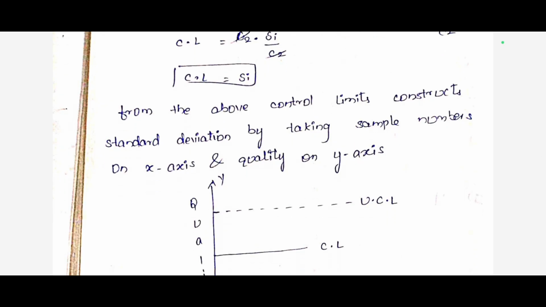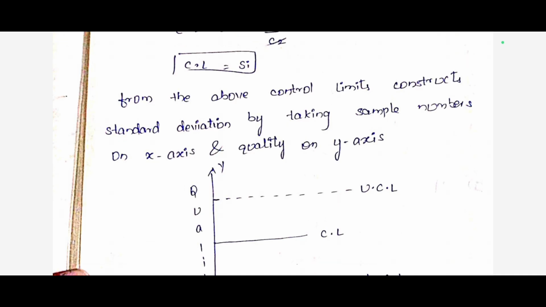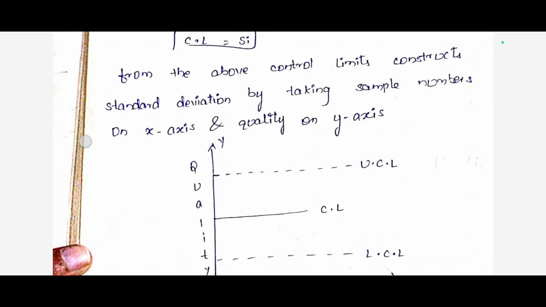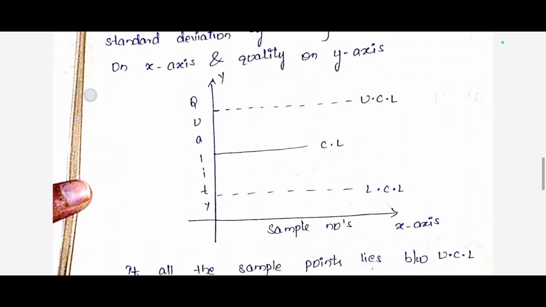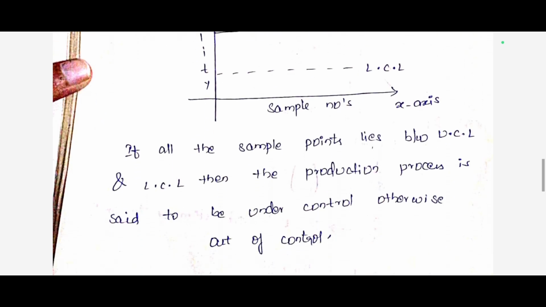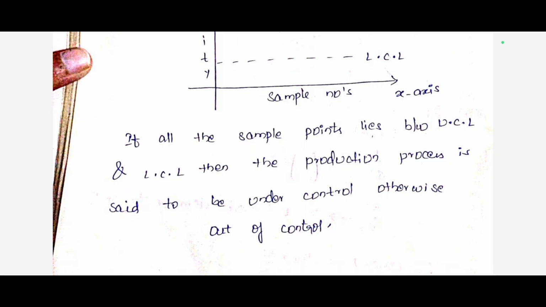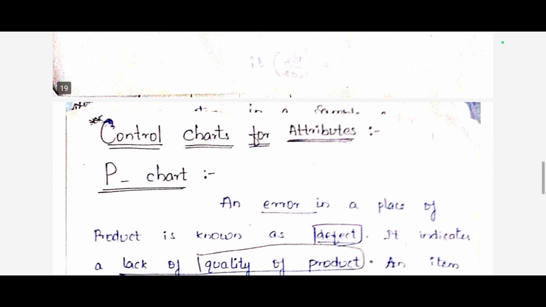From the above control limits, construct the standard deviation chart by taking sample numbers on the x-axis and quality on the y-axis. If all the sample points lie between UCL and LCL, then the production process is said to be under control, otherwise it is said to be out of control.